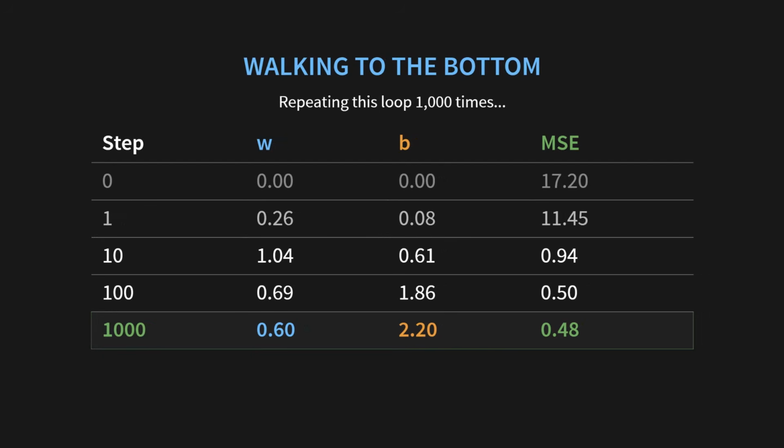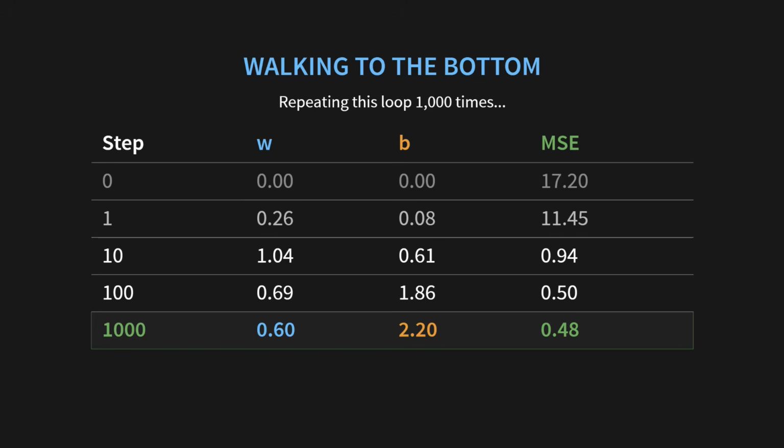If we repeat this loop 1,000 times, look what happens. At step 0, the MSE is 17.2. After one step, it's 11.45. After 10 steps, the MSE is already down to 0.94. By step 100, we're at 0.50.